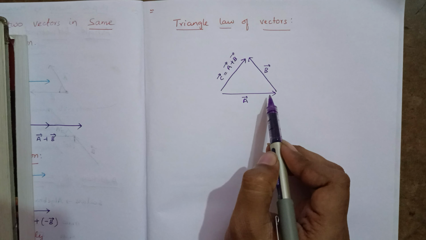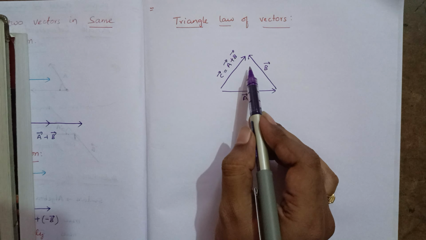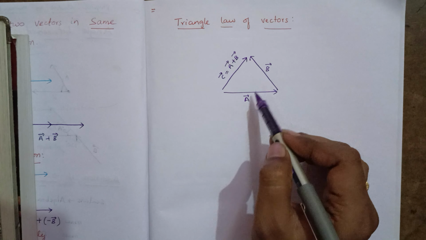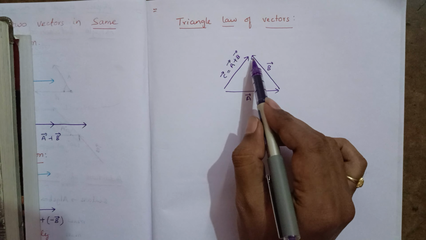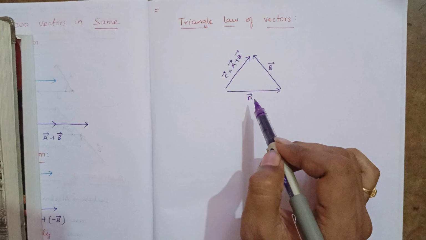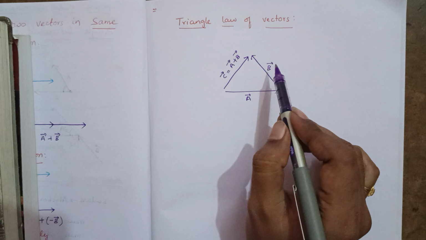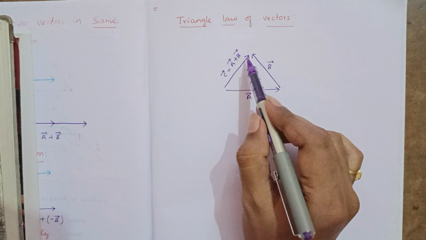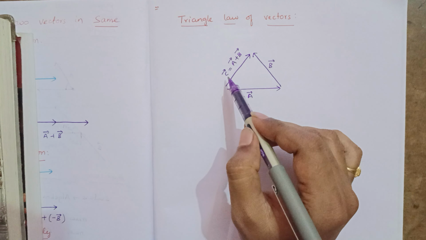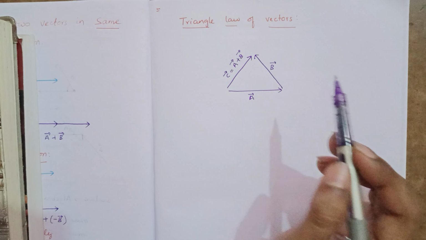If two vectors represent two sides of a triangle taken in an order, and the third side is taken in reverse, it represents the resultant of A bar and B bar.